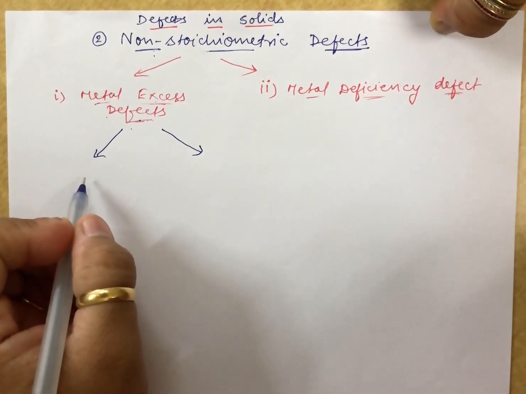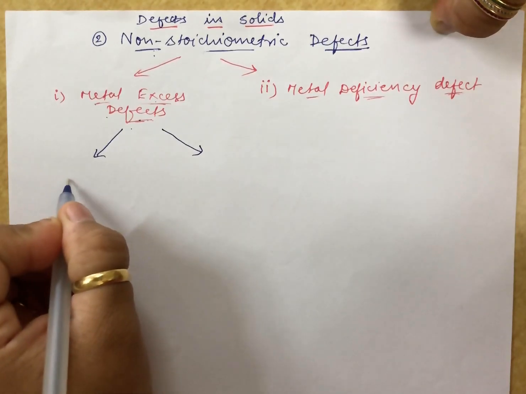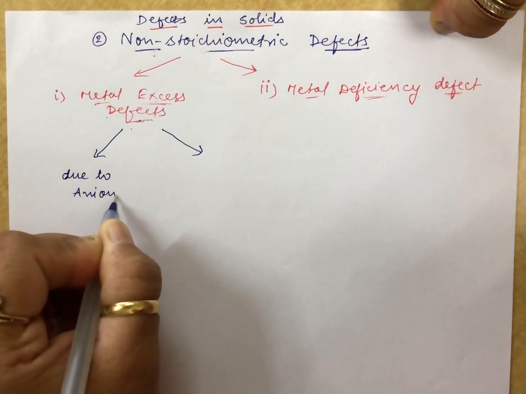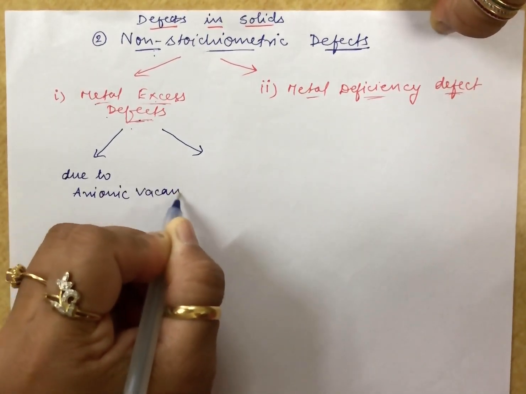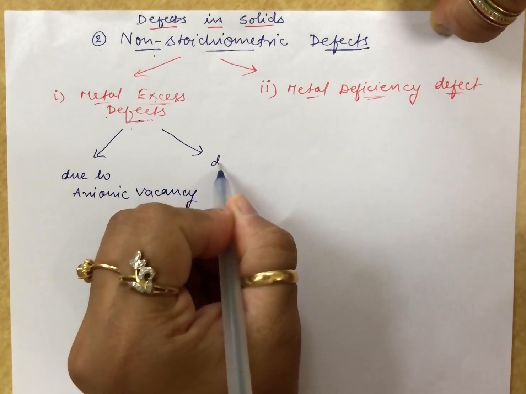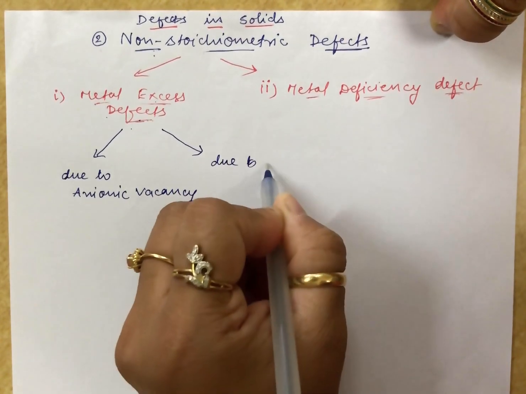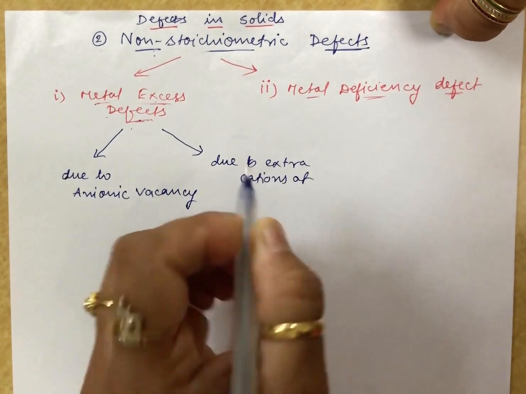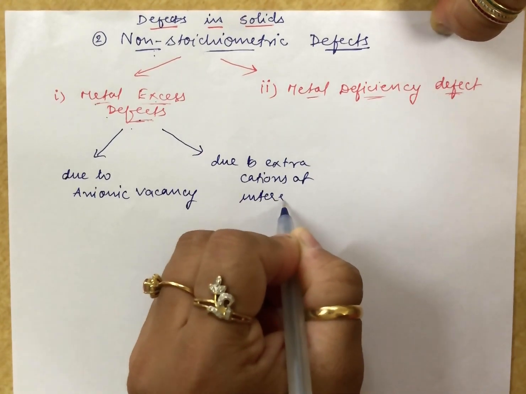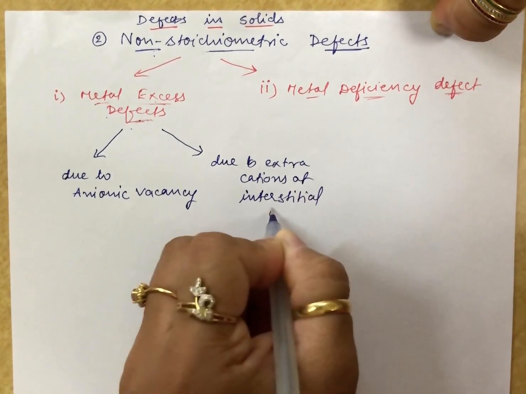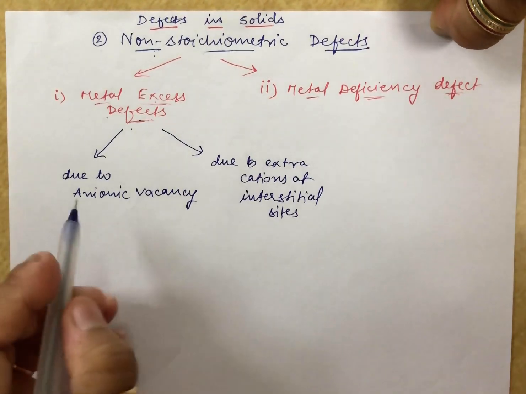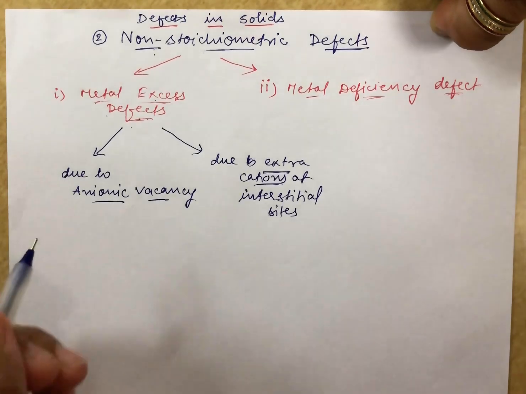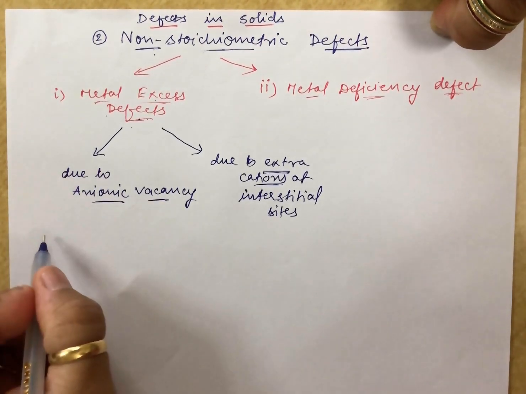The very first is due to anionic vacancy, or the second can be due to extra cations at interstitial sites. Because of anionic vacancy and extra cations you will have metal excess defect. Let us discuss them one by one.